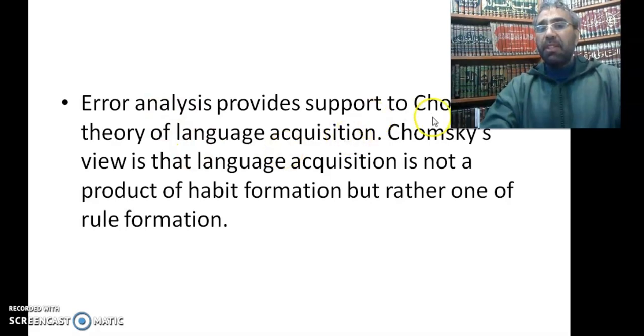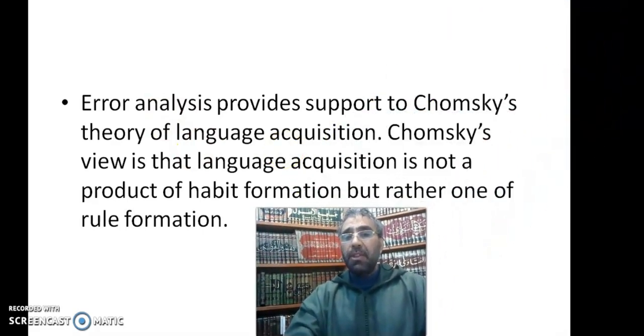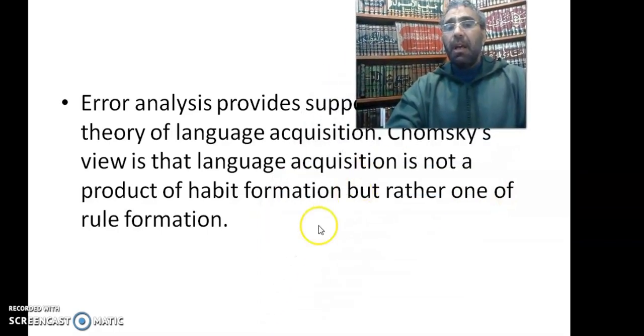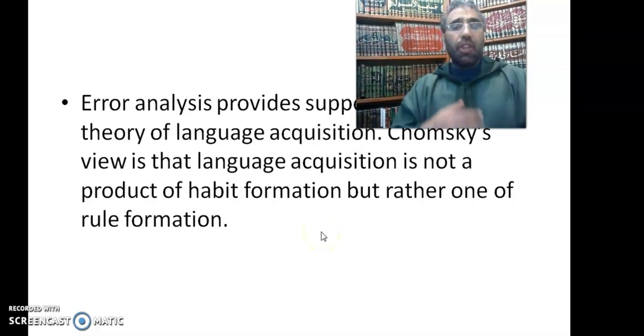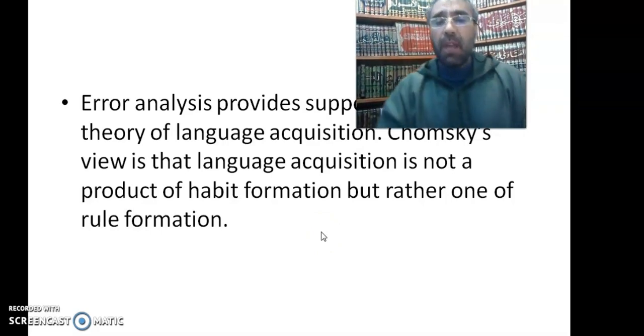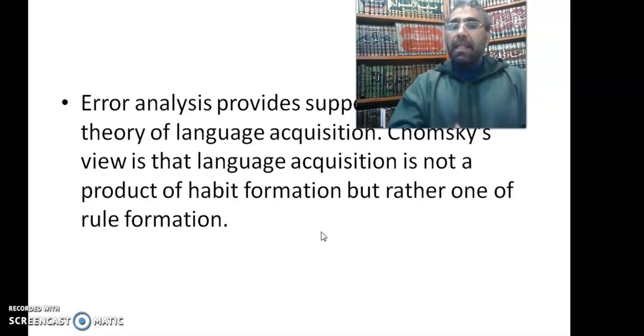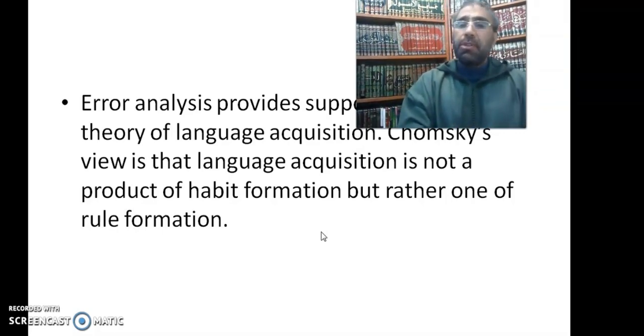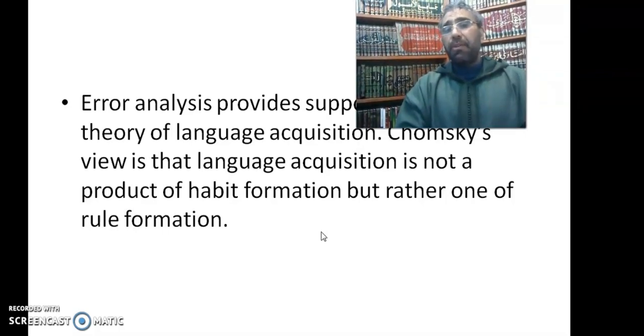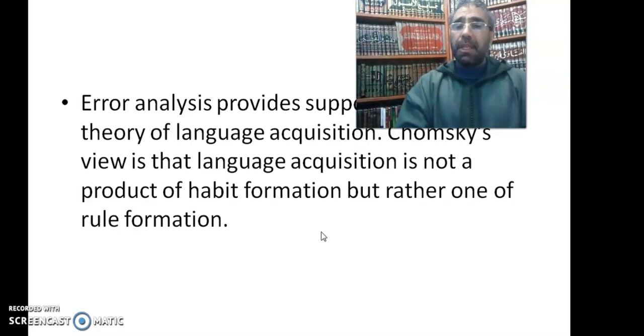Error analysis provides support to Chomsky's theory of language acquisition. Chomsky's view is that language acquisition is not a product of habit formation, but rather of rule formation. The learner, just as the child who is acquiring his or her L1, is active and creative, and here I refer you to the video on the innate theory that was suggested by Chomsky.